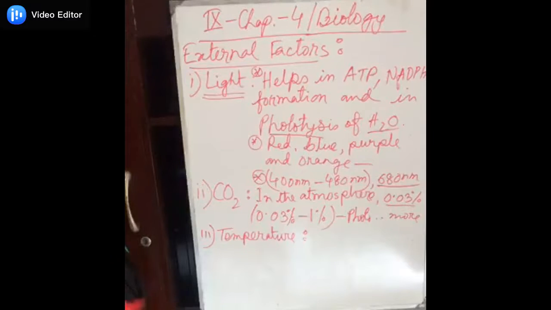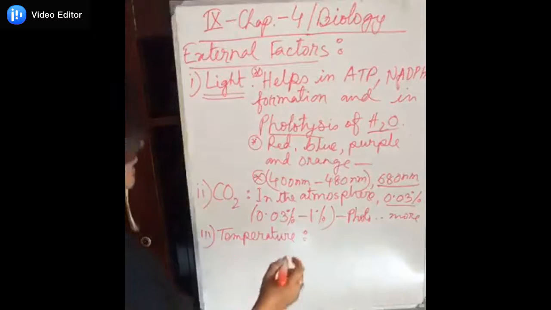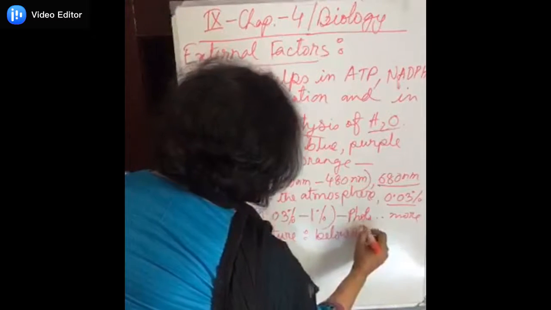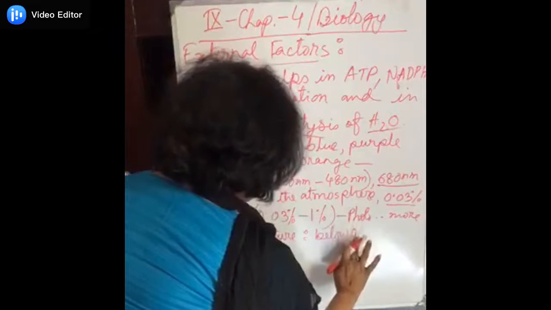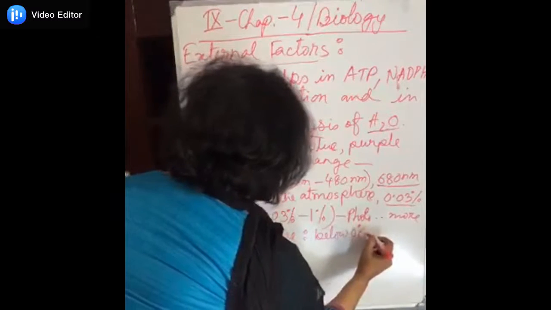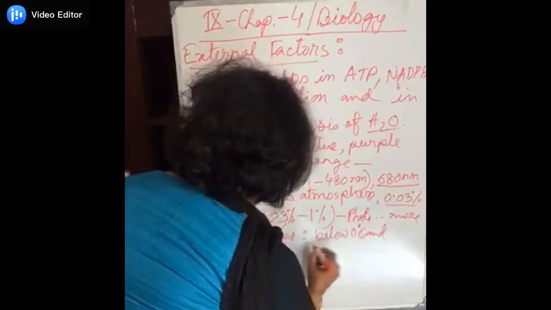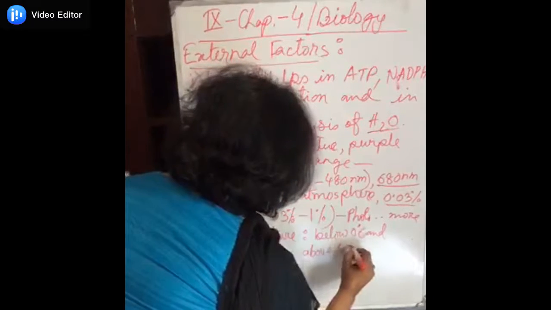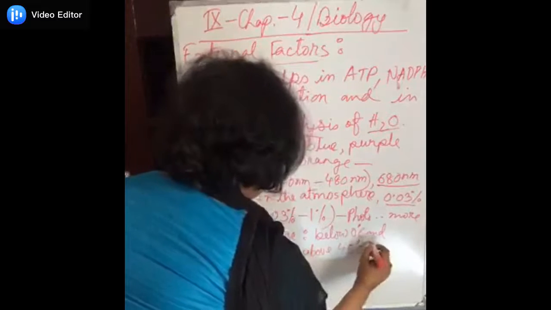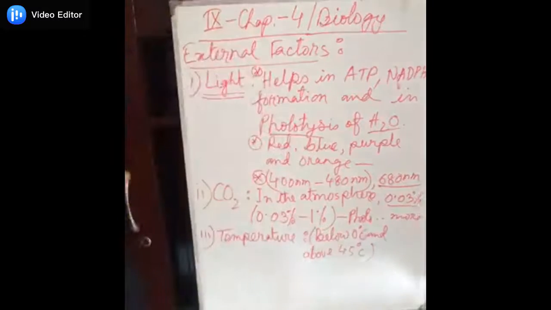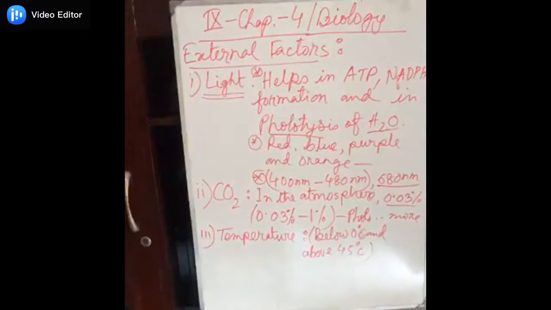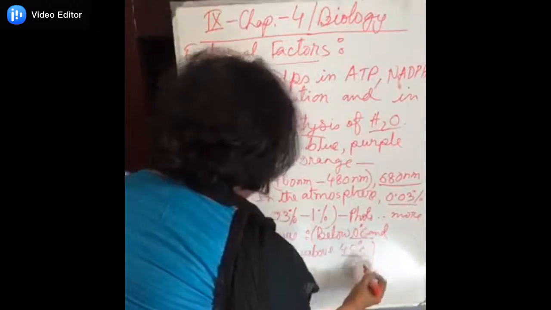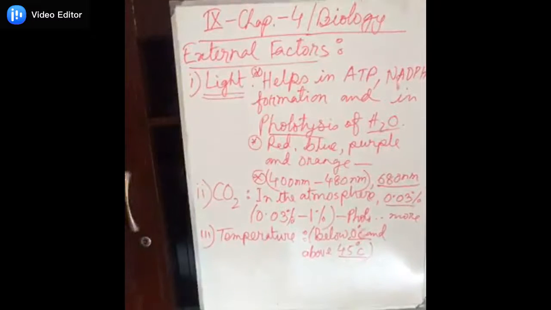If the temperature is below 0 degrees Celsius or above 45 degrees Celsius, then there will be no photosynthesis.